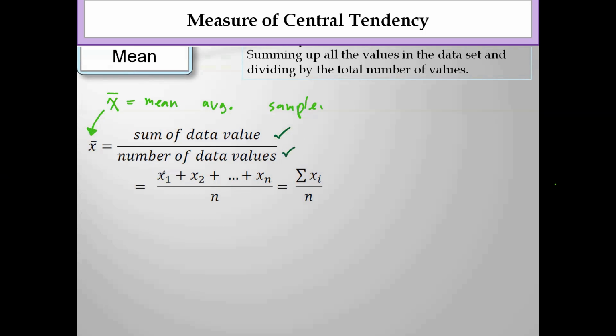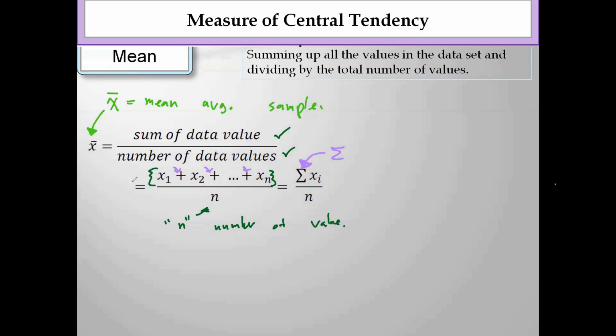And here's an algebraic way to represent it, where x represents each of our individual data values, and n represents the number of values. We're going to introduce a symbol to represent repeated addition, and that would be this funny looking E symbol that we call the sigma symbol, to represent the sum of values.